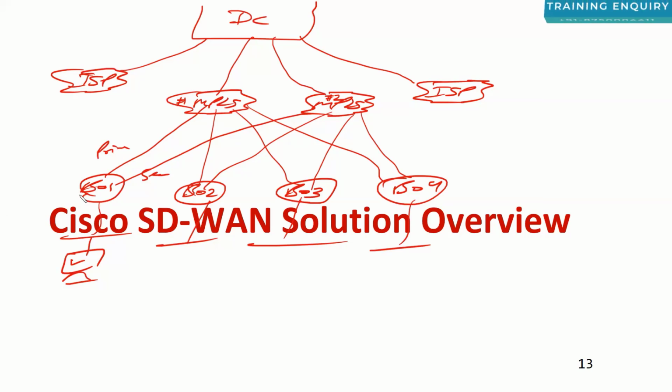You'll have to go to each edge router. When I say edge router, these all are edge routers. Behind the edge router, you can have so many other things like layer 3 switches, maybe some other routers, access points, layer 2 switches. I'm not talking about those devices.